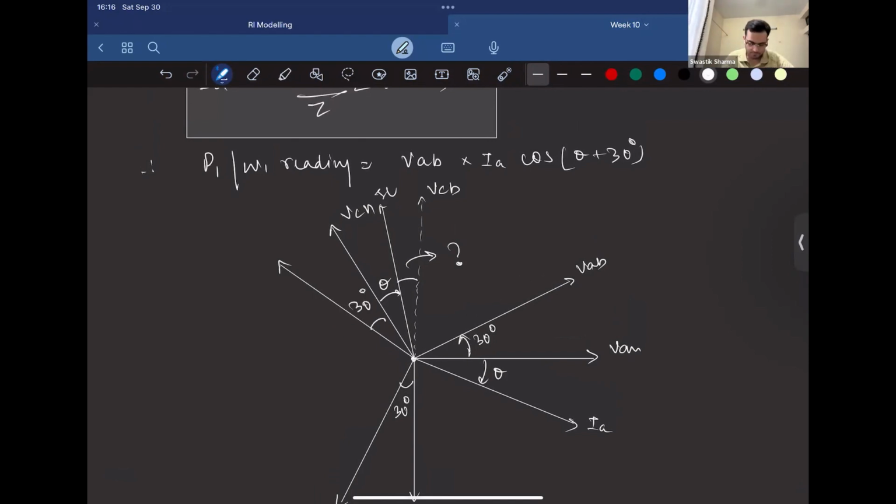Am I right? So if this whole quantity is 30 degrees, that means if I take this, for example, this is VCA, right? So this is leading it by 30 degrees. So that means this whole angle has to be 30 degrees, right? Am I right?